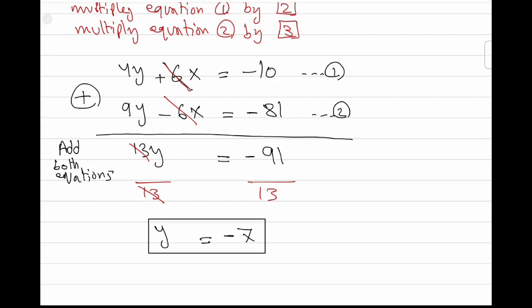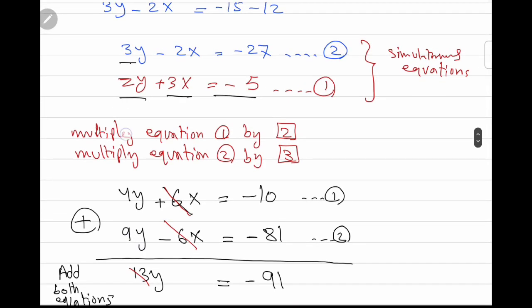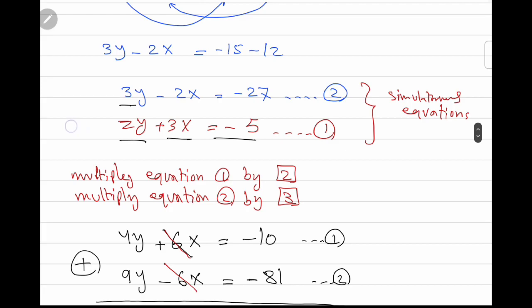To find the x coordinate, we substitute the y value in any of the above two equations. One of them will work out, and you always choose the easiest one. So we can choose this because y is multiplied by 2.